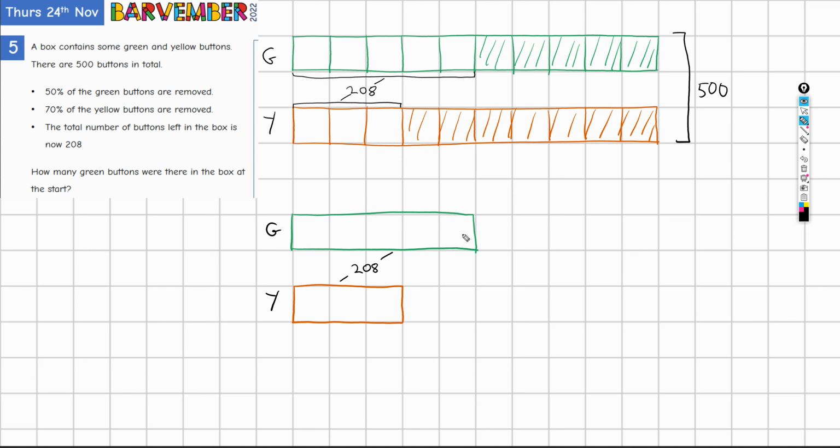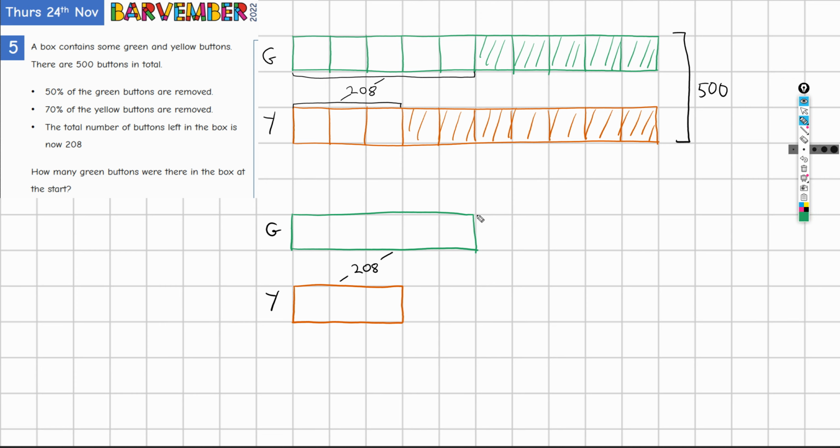I've done this because I've noticed that this 5 is half of the original green amount. And what I'm going to do is draw a second set.